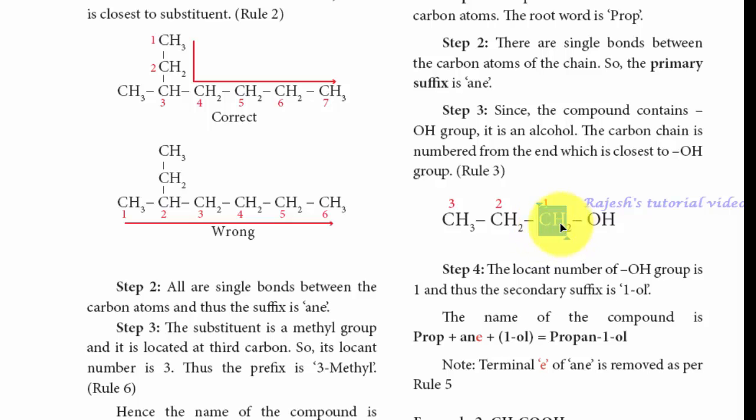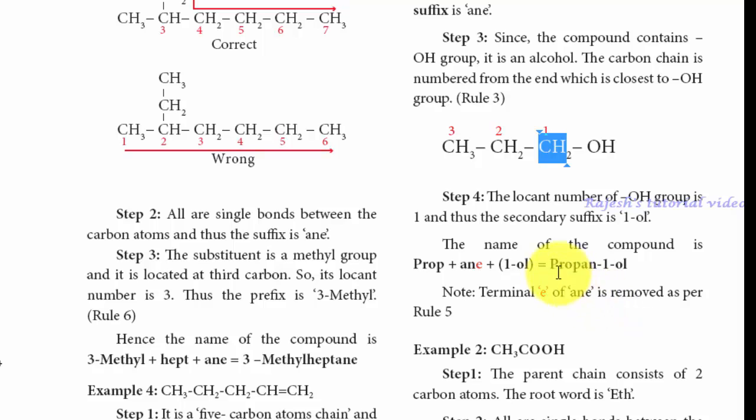So the locant number of the OH group here is 1. So the secondary suffix is 1-ol. So the name of the compound becomes prop plus ane plus 1-ol. For propane, the E should be removed and a dash 1-ol should be added. So the terminal E of the ane is removed, that is all. So it becomes propan-1-ol.